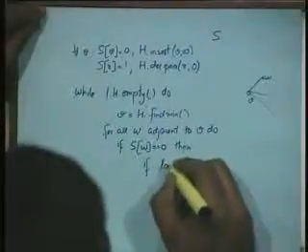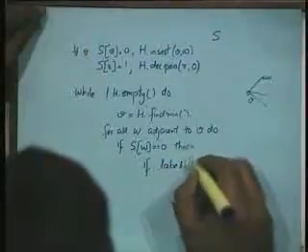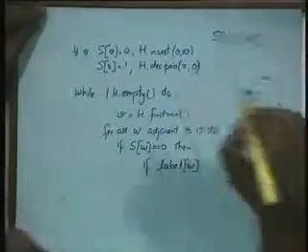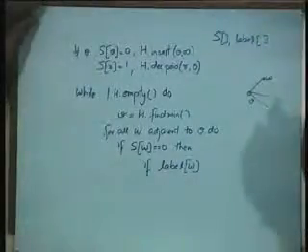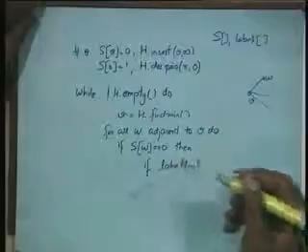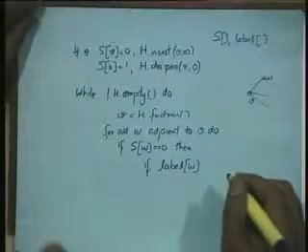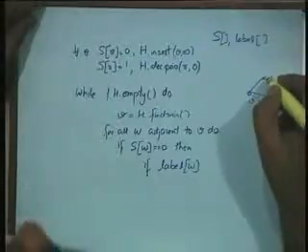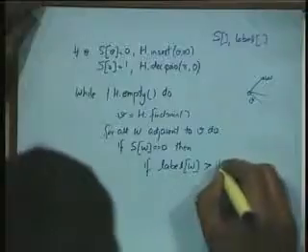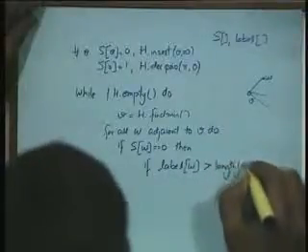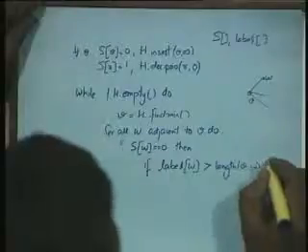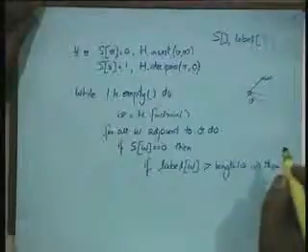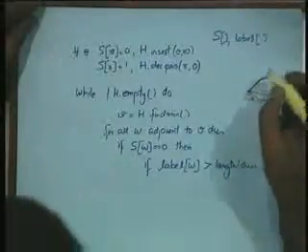Yes, so we will need a label array somewhere. Suppose we also have a label array, which is keeping track of our labels. So if label of W is greater than length of V comma W, then what is this saying?